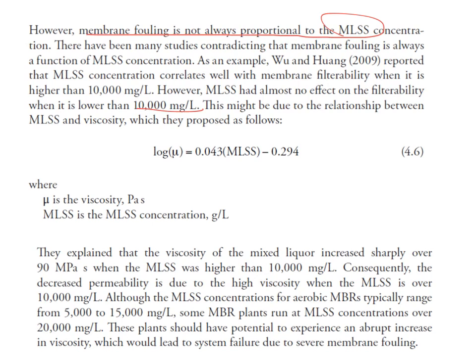This is probably due to the relationship between MLSS and viscosity, which they propose as follows. Viscosity is given by this equation. The viscosity of the mixed liquor increased sharply to over 90 megapascal second when MLSS was higher than 10,000 milligram per liter. Consequently, decreased permeability is due to the high viscosity when MLSS is over 10,000 milligram per liter.